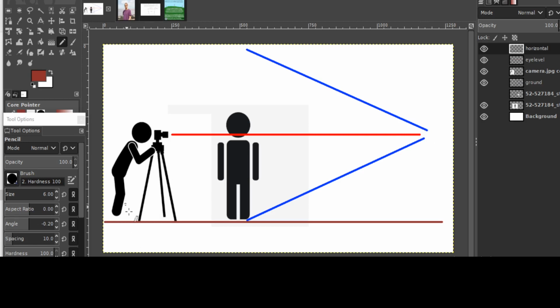Not for us looking at this scene. Our horizon will be at our eye level. And of course, again, it's important to remember that this scene can be any way round. The photographer can be looking at the subject from any angle, and the horizon will always be up around the subject's neck area, at the same eye level as the photographer.